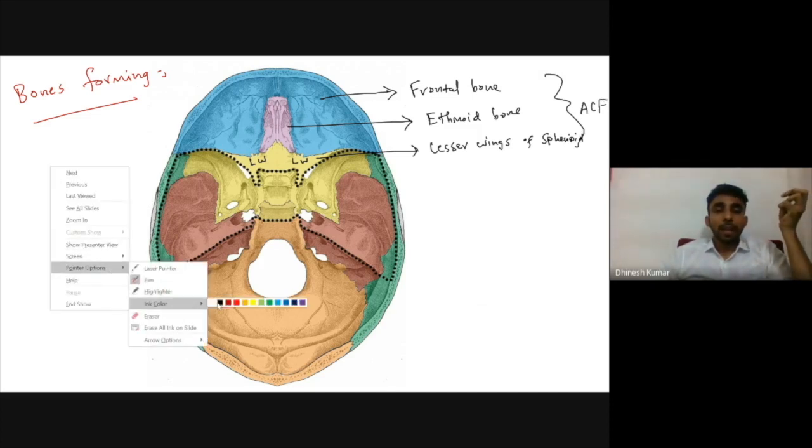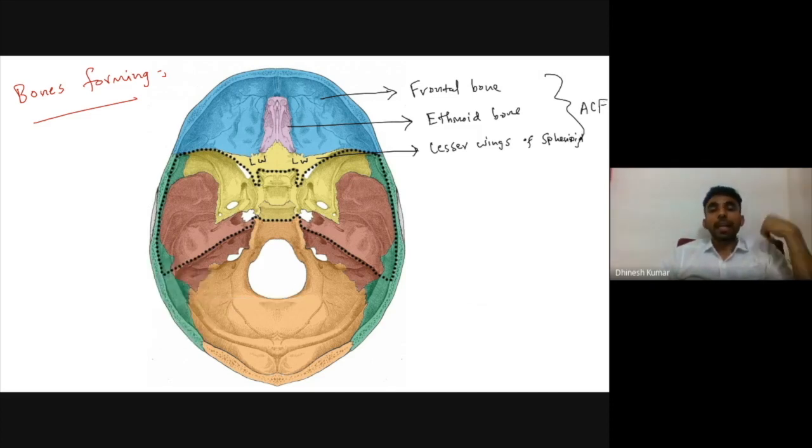What about the middle cranial fossa? The middle cranial fossa is formed by the body of sphenoid bone, and on either side of the body of sphenoid bone, you are seeing the greater wings of sphenoid bone. Do you know the name of the bone I am marking now? Yes, this is the temporal bone.